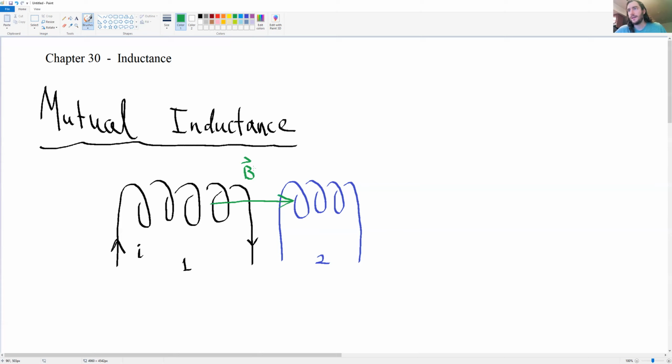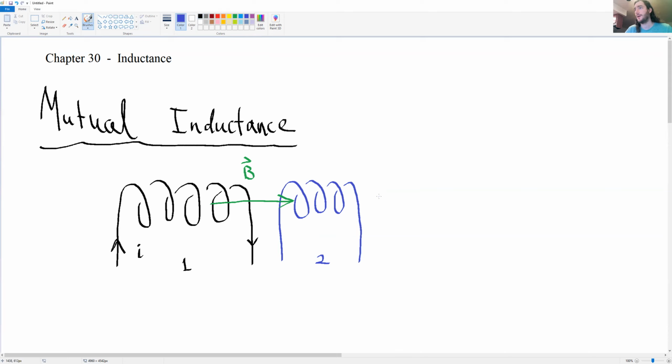And so we know that if you have an increasing magnetic flux in a coil where there was no flux before, and now all of a sudden you have a flux, then you're going to induce a current to oppose that flux. So the magnetic field from solenoid 1 is going to make its way over to solenoid 2 and increase the flux.